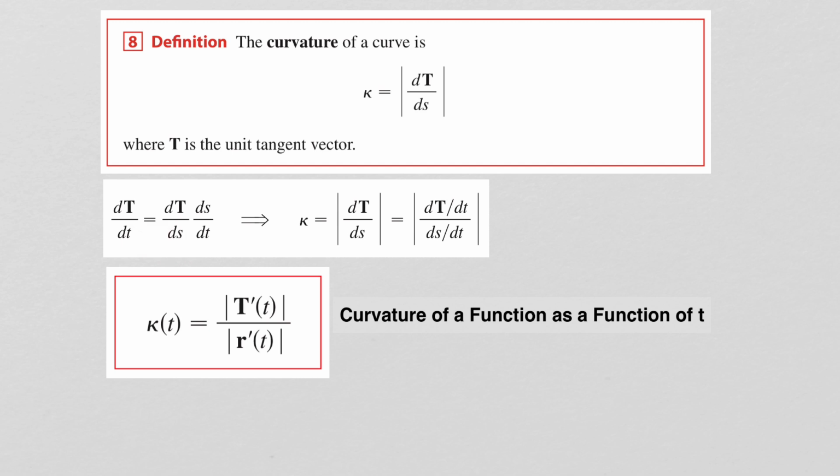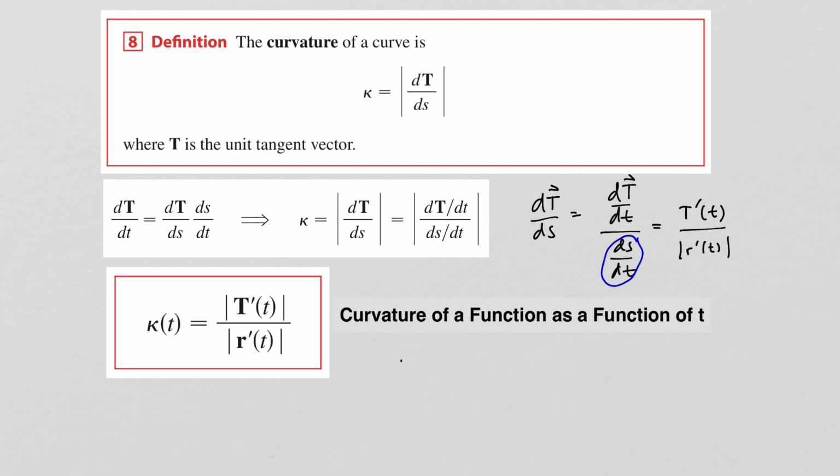Now, if we solve for dT/ds here, we end up getting dT/ds is equal to dT/dt divided by ds/dt. But we can rewrite this as T prime of t, and then let's recall that ds/dt is the magnitude of r prime of t.